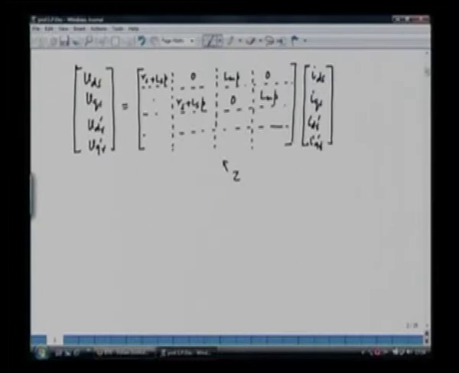Again we have this element 0, because in the stator we don't have any rotationally induced EMF. In the rotor we will have the resistance drop, the rotor self inductance, and then we have the coupling from the stator side, and these two are the speed induced EMF terms.